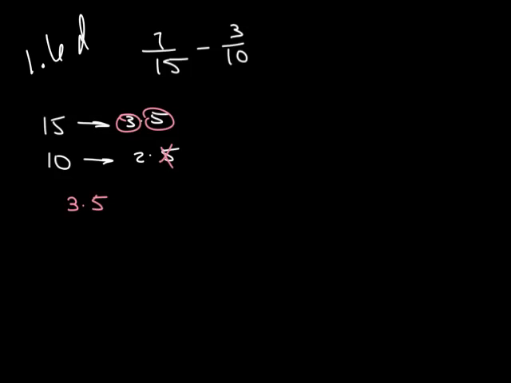Then we look on the bottom and see if there's any numbers that are not circled or crossed out, and we haven't found any 2's yet. So there are no 2's up here, but since there's one down here, we're going to take the 2 because it occurs the most. Multiply those numbers, and that is our least common denominator.